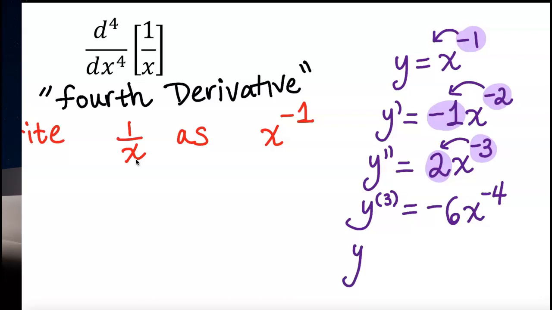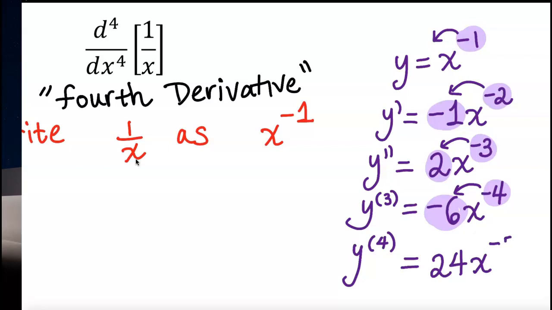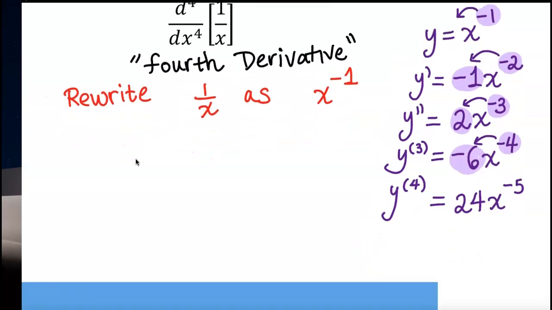The fourth derivative is going to be, you multiply the power by the leading coefficient. That's going to give us positive 24, and x to the negative fifth power. So we found the fourth derivative.